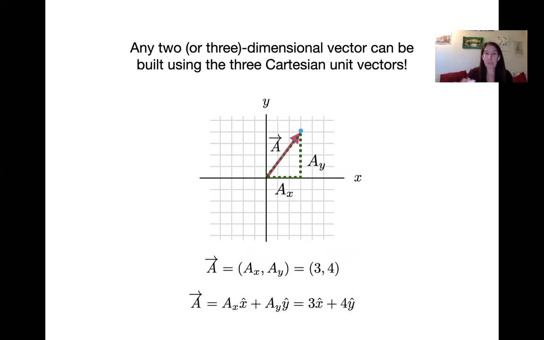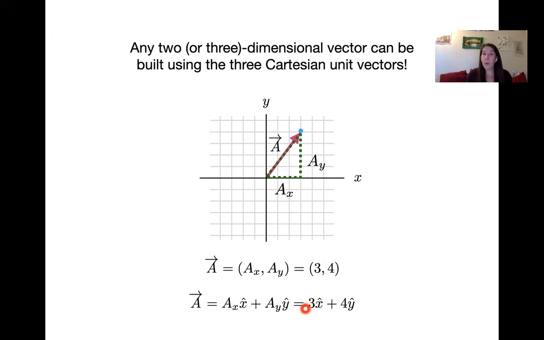Now, if we wanted to build this vector out of unit vectors, what we do is take the components, which again are these numbers 3 and 4, which I'll write as a sub x, because that's the x component, and a sub y, because it's the y component. And then I can represent this vector as 3x hat plus 4y hat.